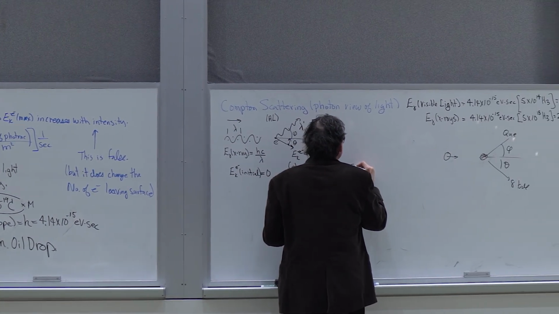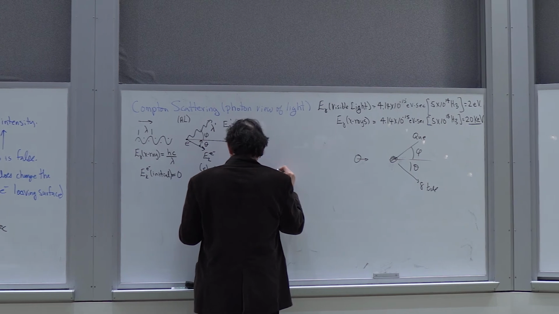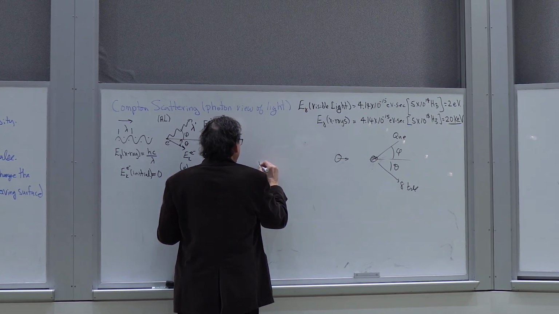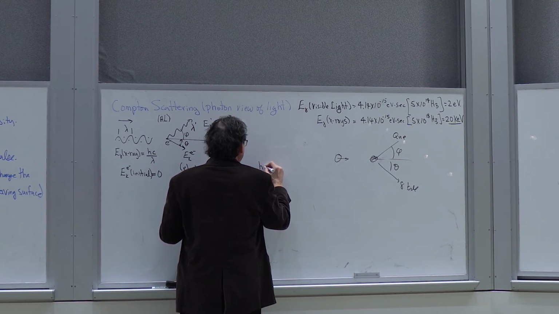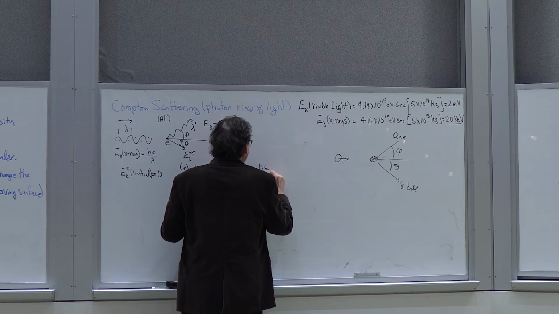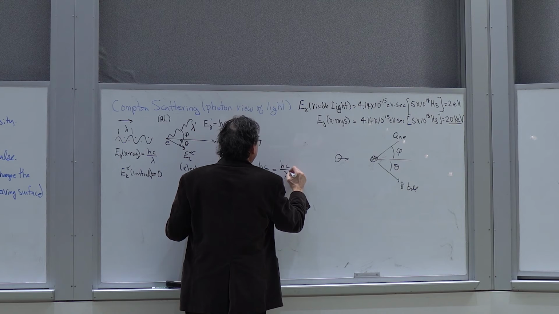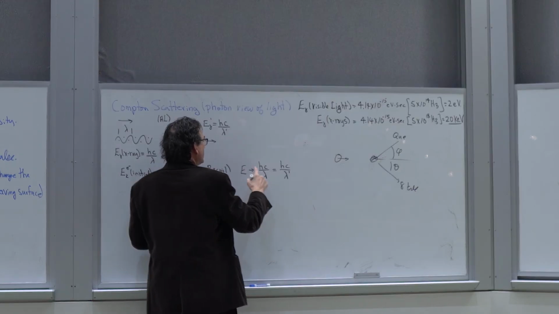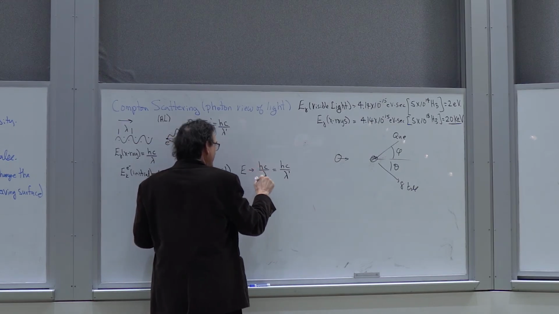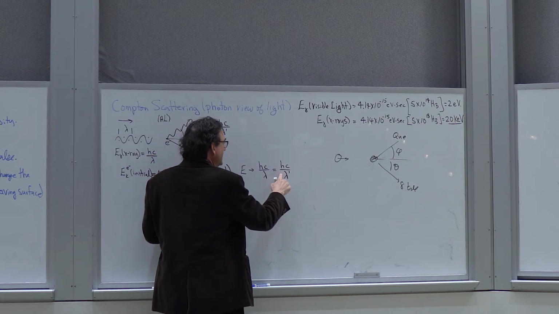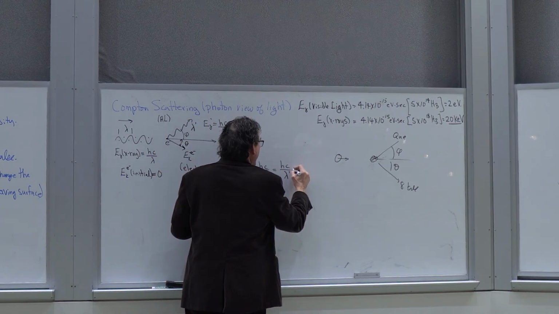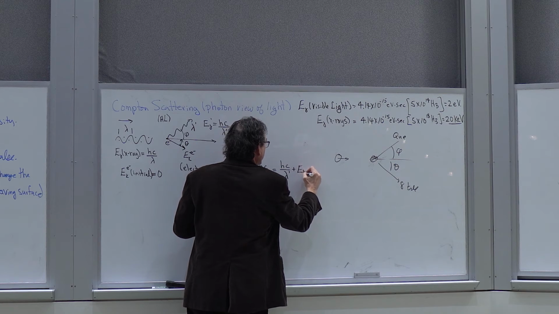So the energy equation states that, like we just said, the incident energy, hc over lambda, is equal to hc over lambda prime. So this is the energy of the incident X-ray. This is the energy of the scattered X-ray, and this is the kinetic energy of the electron.